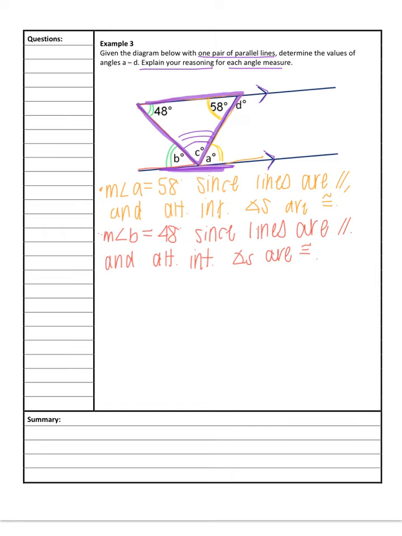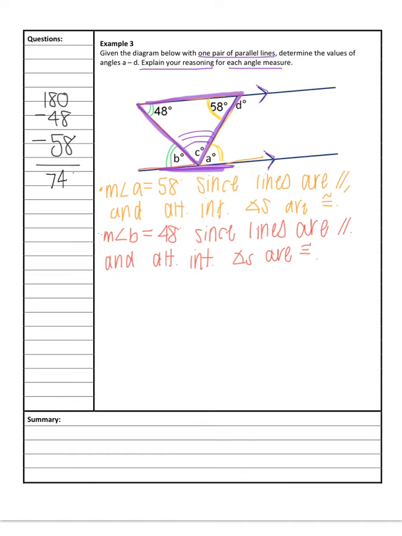So off to the side here, either way we're looking at this, we have to do 180, take away the 48, take away the 58, and we're going to get 74 degrees.